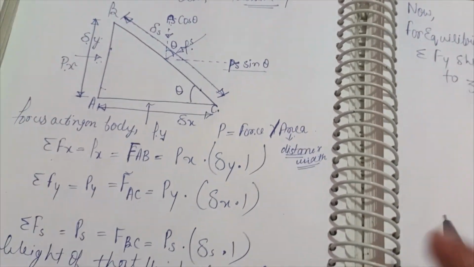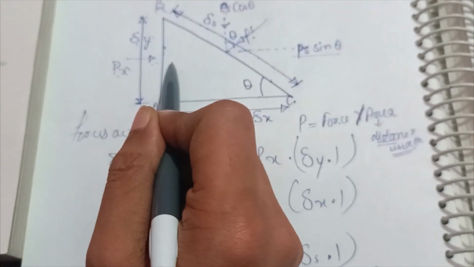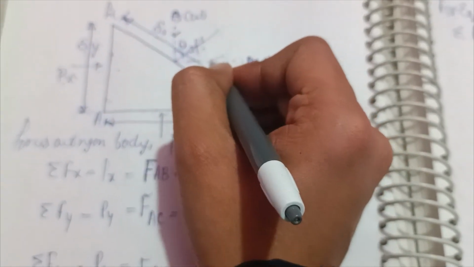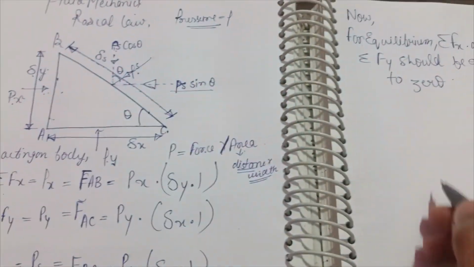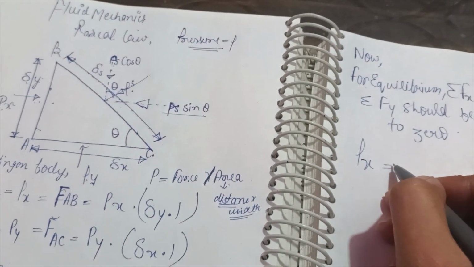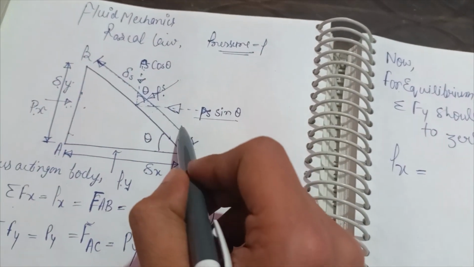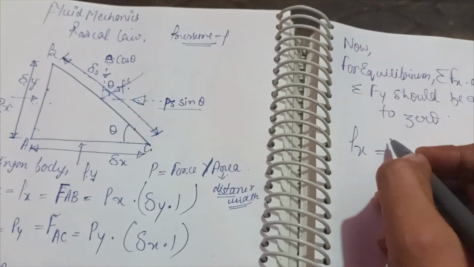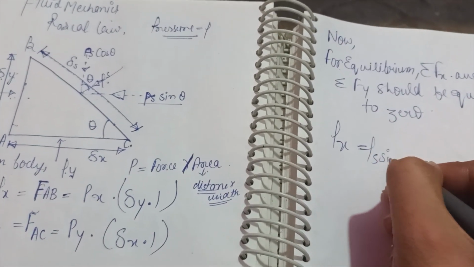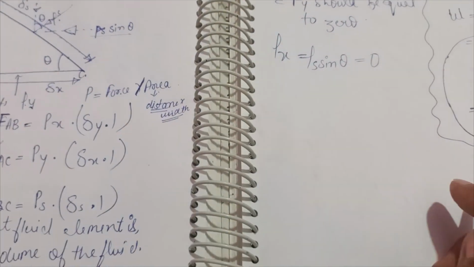So what did we understand from that part? The pressure exerted on one side equals the pressure exerted from the other side. Px minus, this is on the other side, that's why we take it negative, Ps sin theta equals 0.